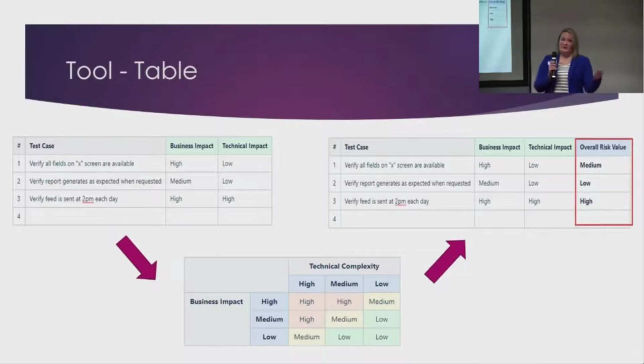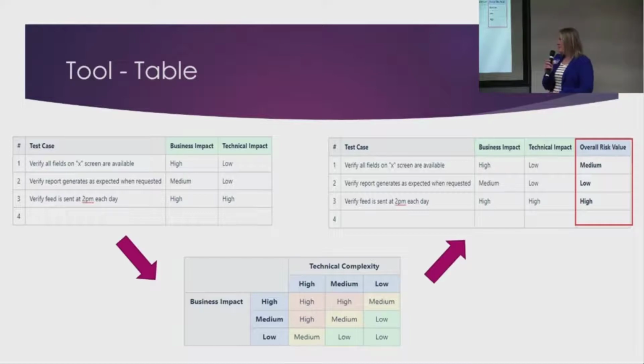So essentially, again, you're collaborating, determining what that value should be, high, medium, or low for each of those factors, and then using the key below here to determine the combination of the two, and you can input your overall risk value. So that you can see the detail of your test cases and be able to organize them, filter them to showcase here are all my highs, here are my mediums, here are all my lows.